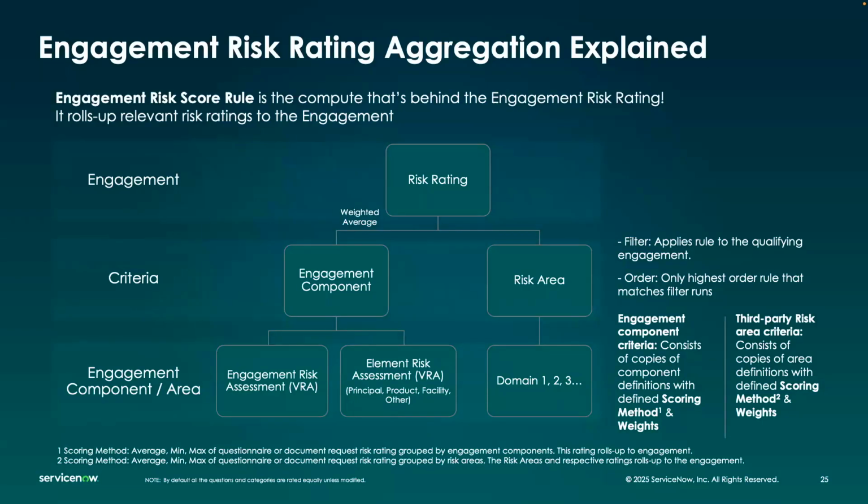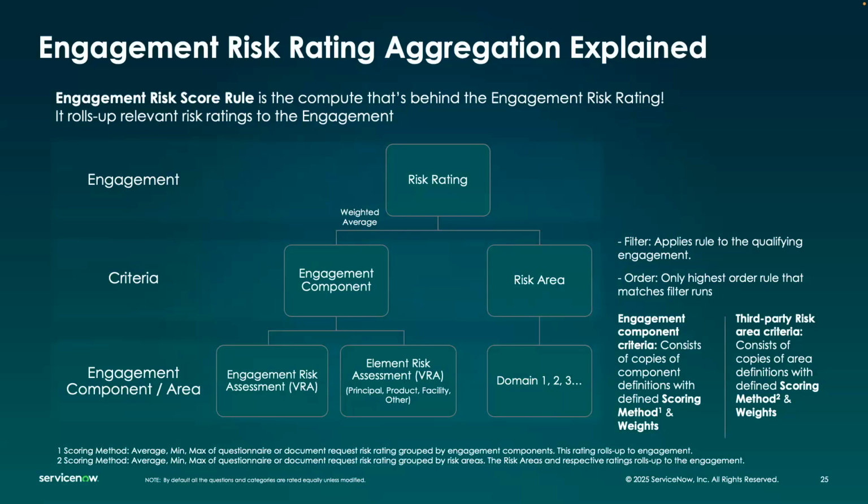Let's clarify what's happening behind the scenes using the footnotes. The scoring method here, average, min, or max, is applied to questionnaire or document request ratings grouped by engagement components, such as assessments or elements.